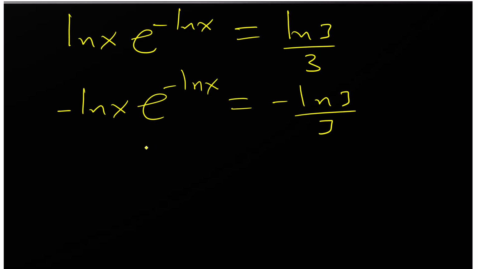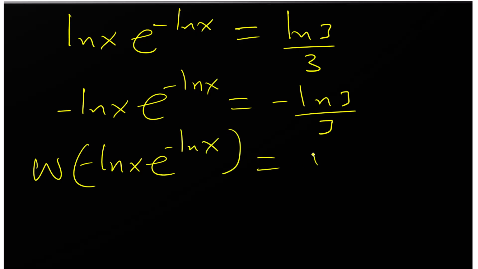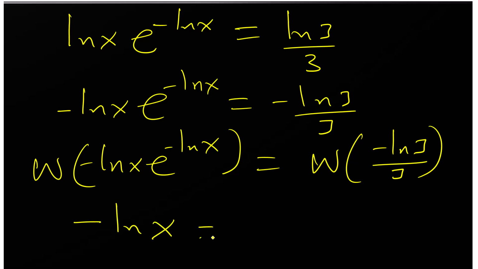Perfect. Now what is here and what is there are equal, so we can go ahead and take the Lambert W function. So we have W function of this equals W function of that. Remember the rule, this and that are equal, and therefore taking the W function of this will make this side negative ln of x equals W function of that.